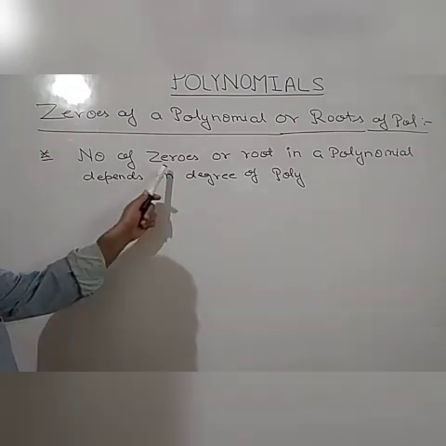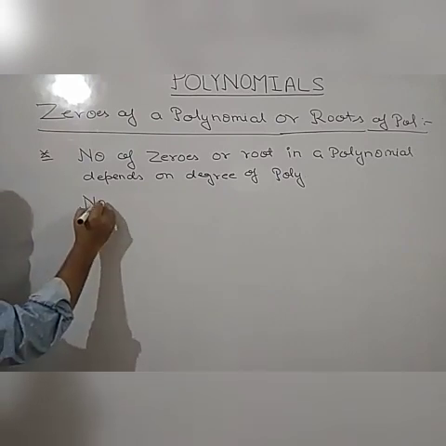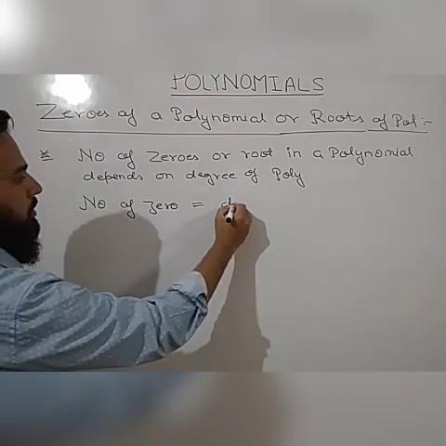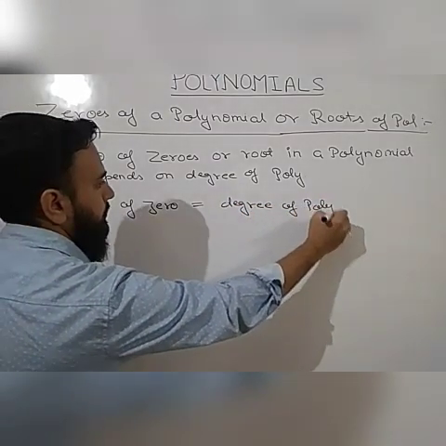It means the number of zeros is equal to the degree of the polynomial.